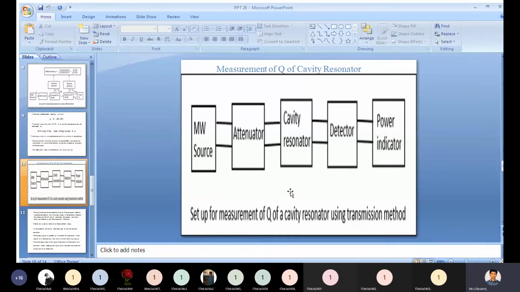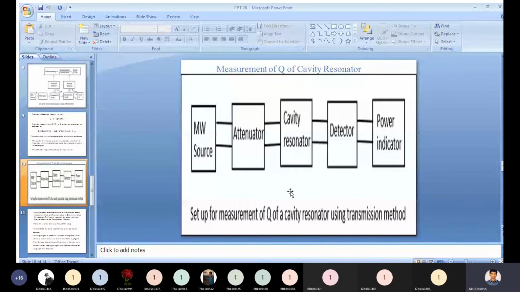First, this diagram is the setup for measurement of the quality factor of a cavity resonator using the transmission method.